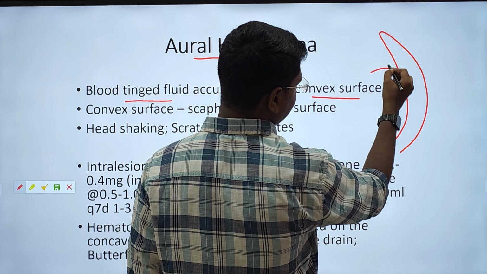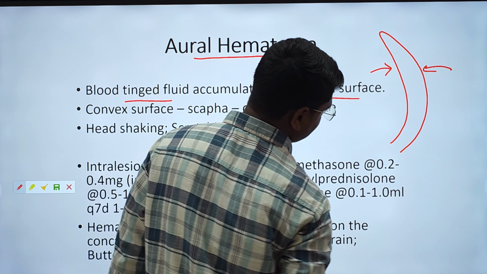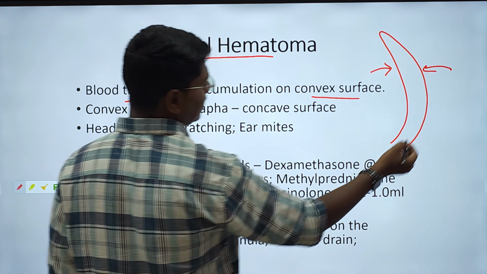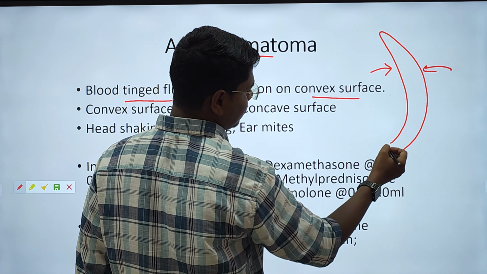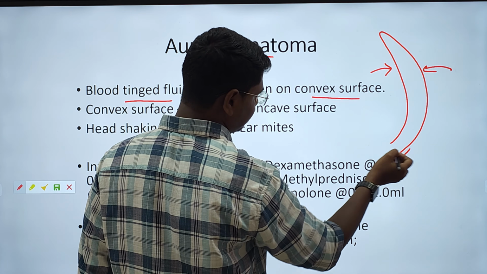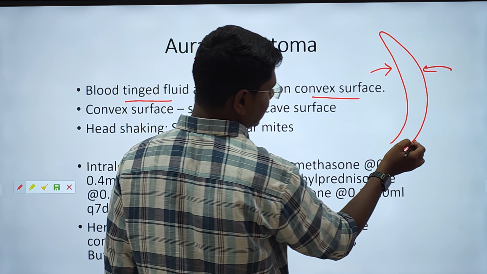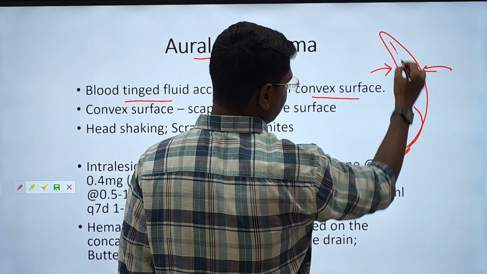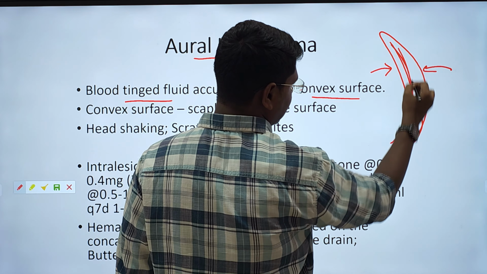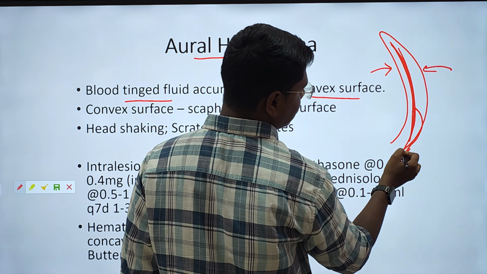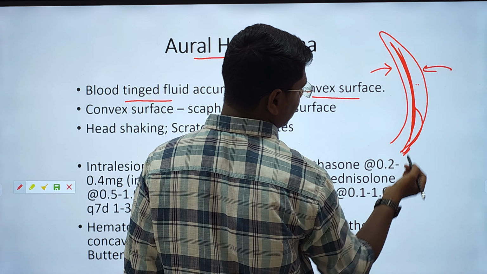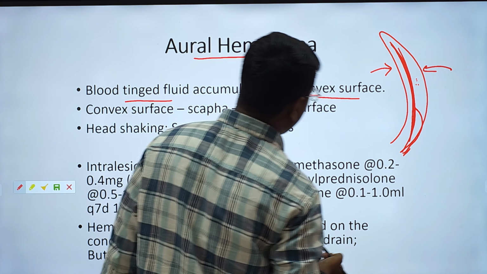This is the concave, this is the convex. Mostly it will be on the convex side because blood vessels from the convex side enter the cartilage. Here will be the cartilage. So mostly the vessels will rupture on this side and blood will accumulate.